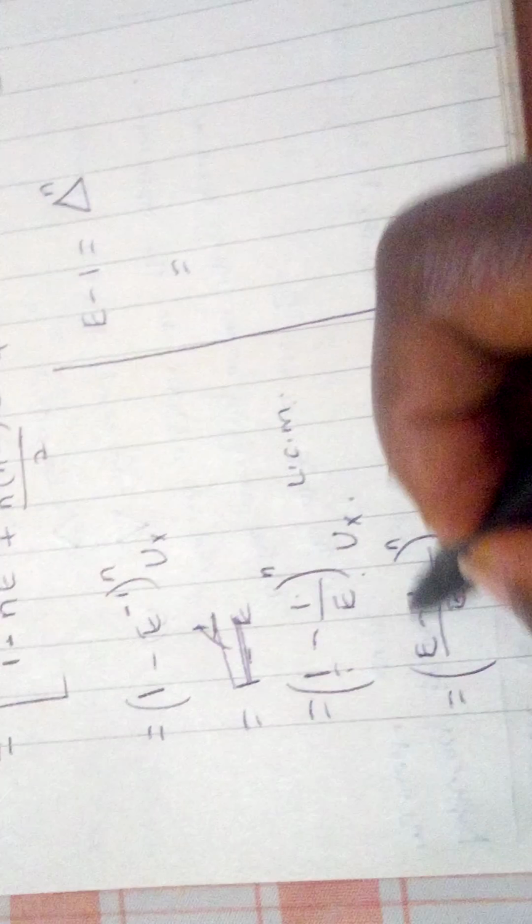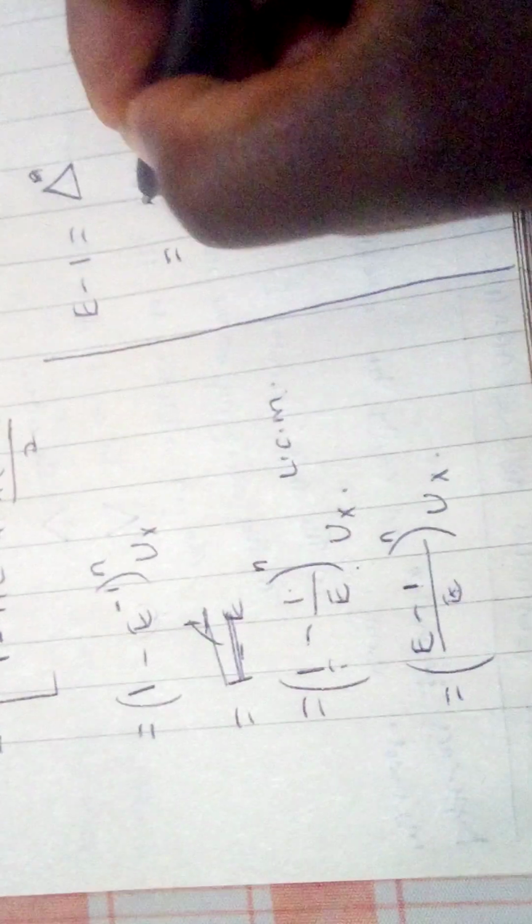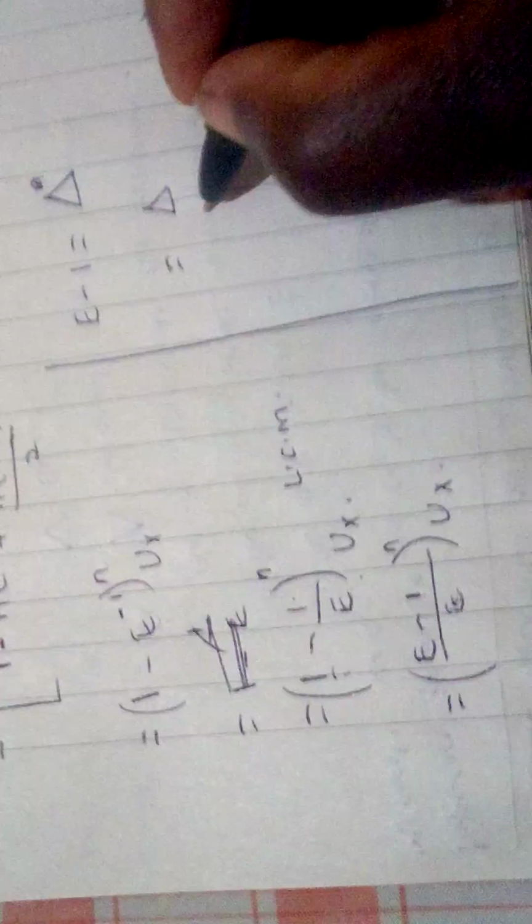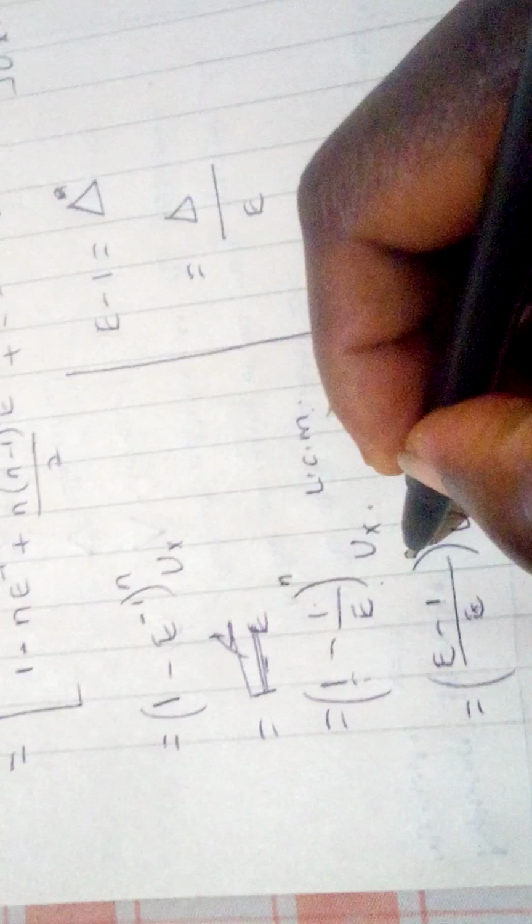So we are going to replace this with the forward difference operator, divided by the shift operator E, because it is being raised to power n, then u(x).